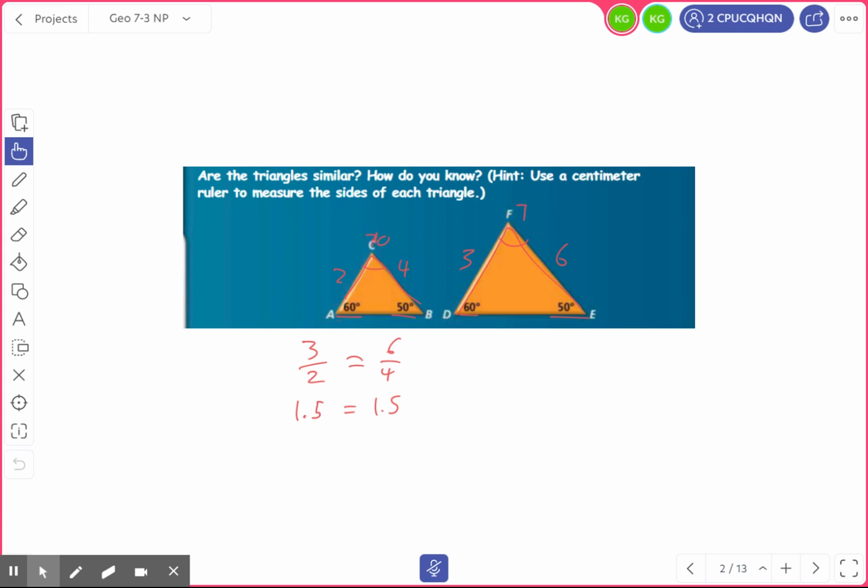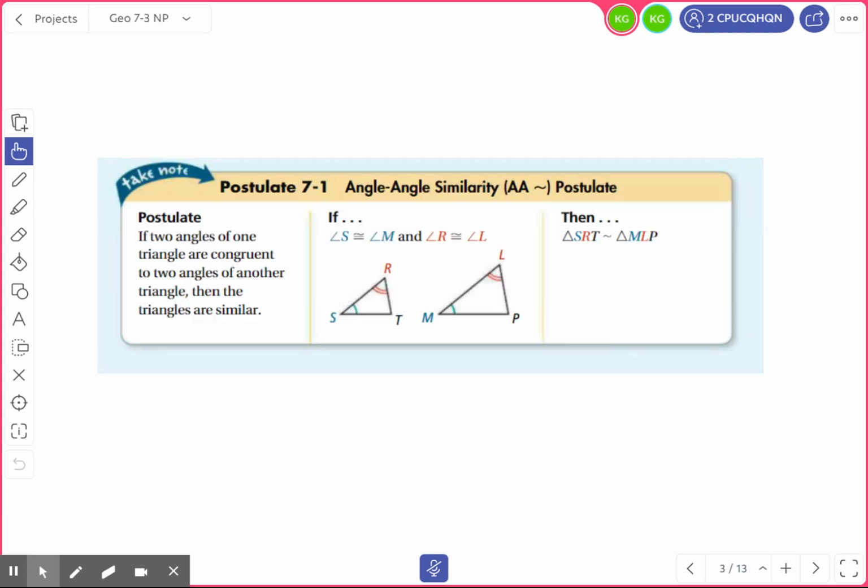And in the second case, it would also have to be 70. So if 2 angles are the same, all the angles are the same. And that is actually our first postulate, angle similarity. If 2 angles are the same, then the triangles are similar, because that guarantees all 3 angles are the same. And if all 3 angles are the same, then they're similar.